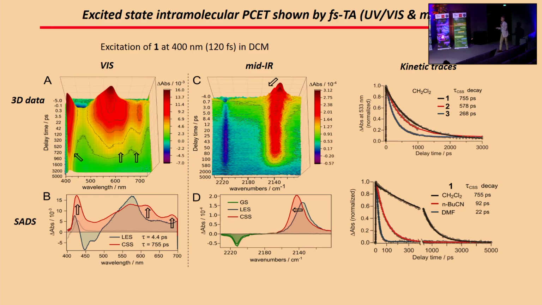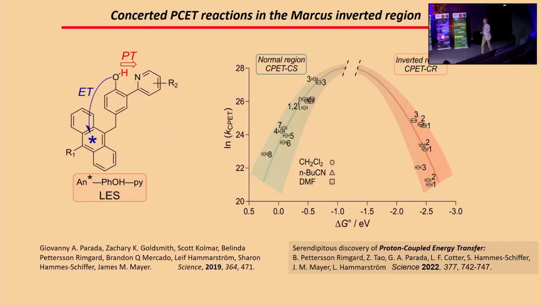And when you go from the more polar solvent, DMF, to dichloromethane, the lifetime of the charge-separated state becomes much longer, because not only does the free energy change, but the reorganization energy goes down, so you get deeper in the inverted region. So this was a very nice result for us.